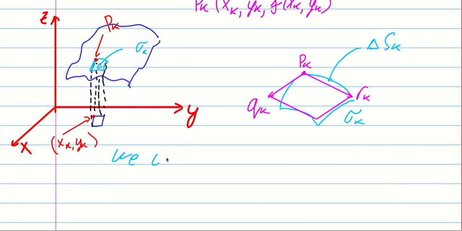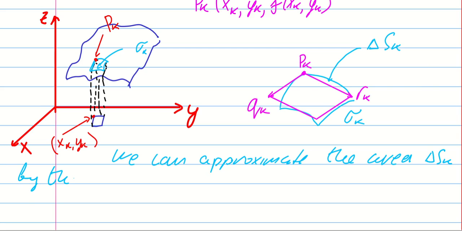We can approximate the area delta S sub k by the area tau sub k, which is the area of the tangent plane.